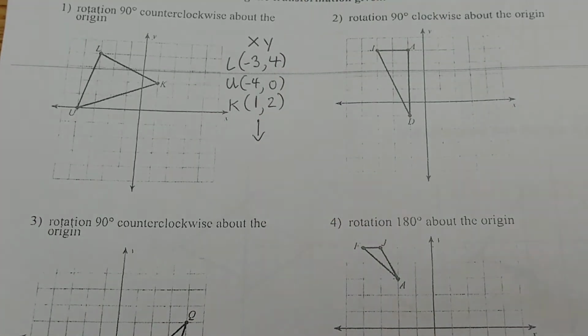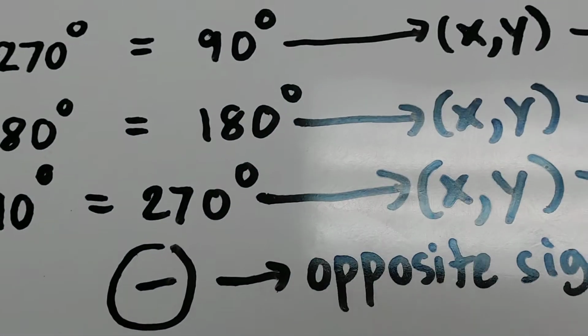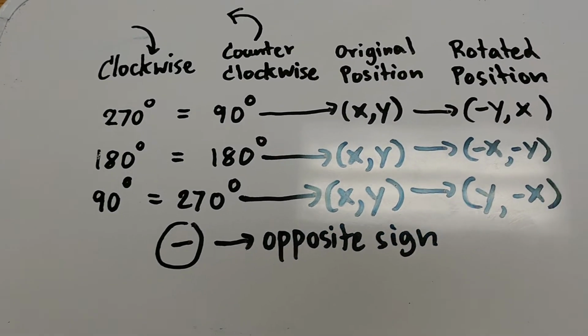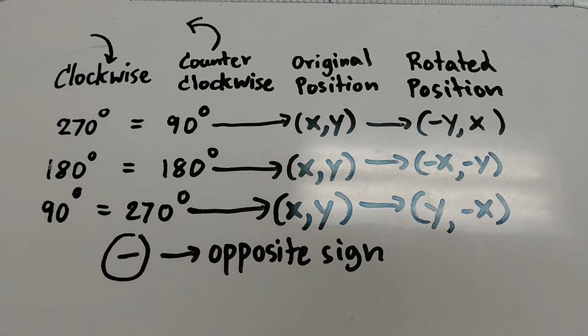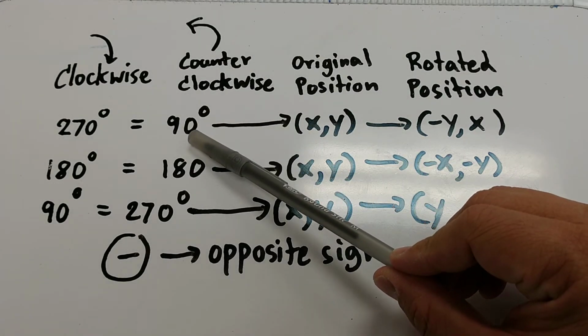And which one would that be? So refer back to the notes. Let me zoom out real quick. We want a rotation of 90 degrees counterclockwise, so it's going to be this one.